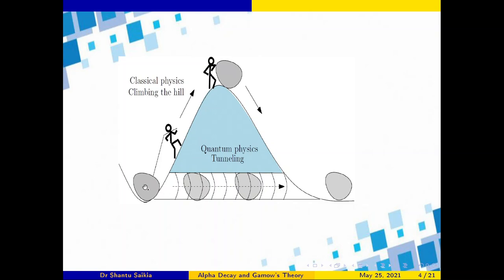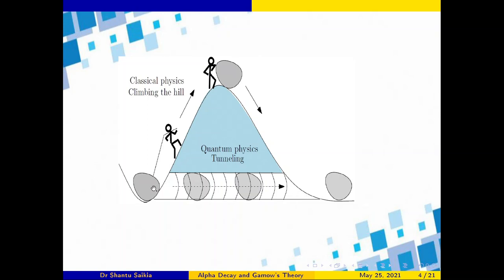Even if the particle has energy less than the barrier height, it can tunnel through the barrier. There is a finite probability that the particle will tunnel through. So instead of this stone, let us say that this is the alpha particle and this is the potential barrier of the nucleus, the surface barrier.